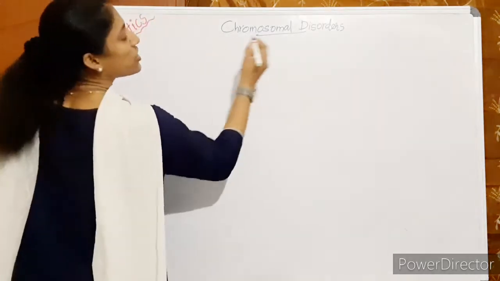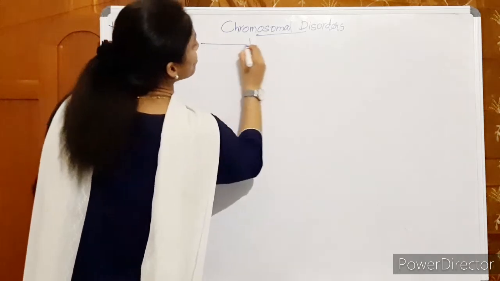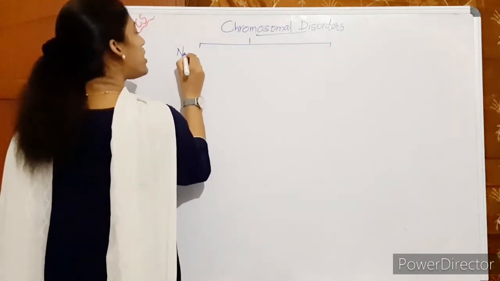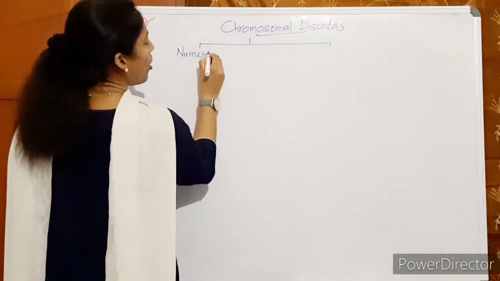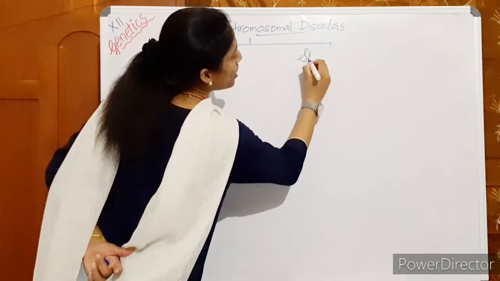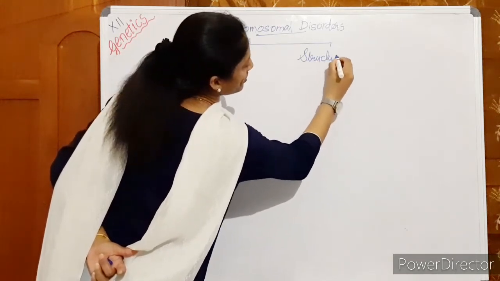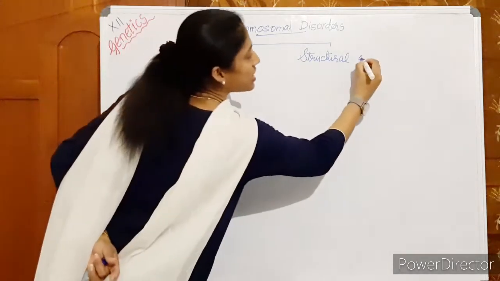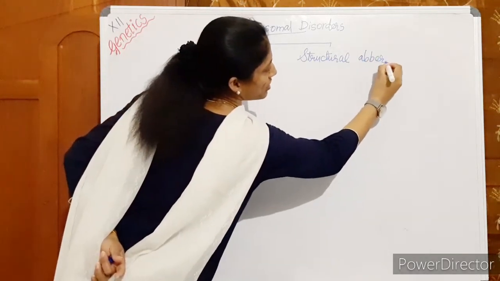So the chromosomal disorders or chromosomal aberrations can be either numerical aberrations or what? Structural aberrations. So, chromosomal disorders can be either numerical or structural aberrations.